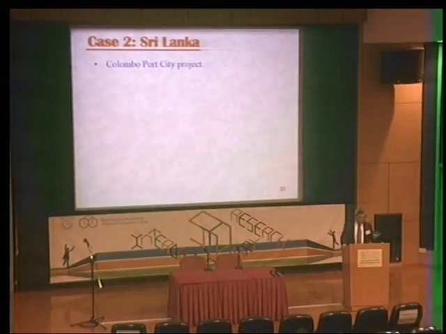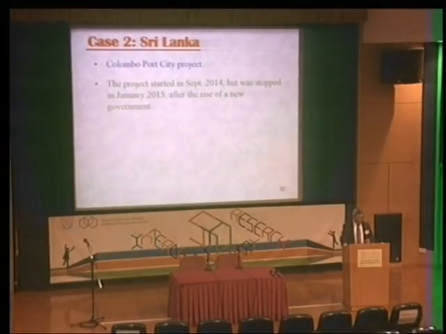If eventually Sri Lanka is not going to give any compensation, the Chinese company is losing money. So you can see the riskiness of this kind of investment, and the loss can be quite substantial.